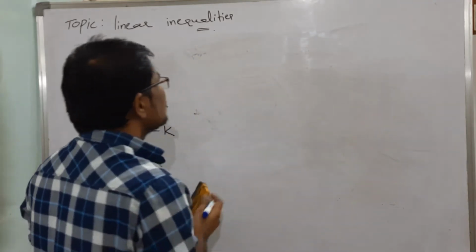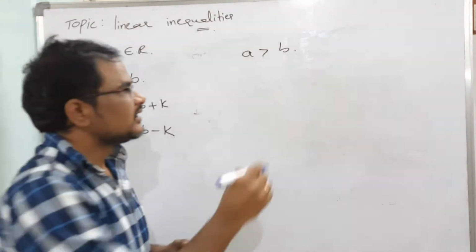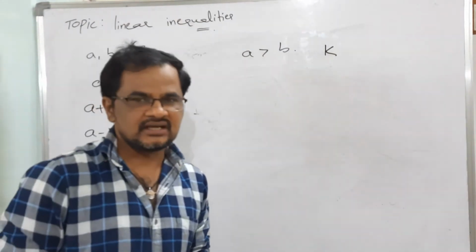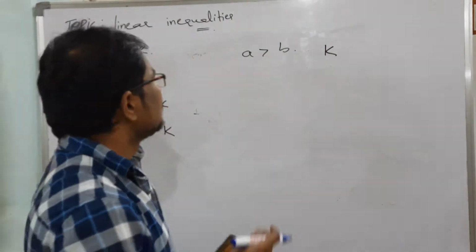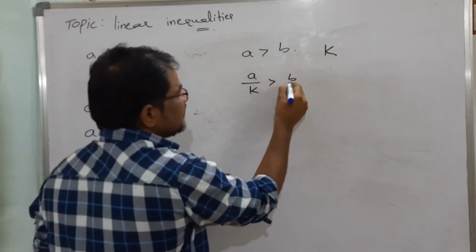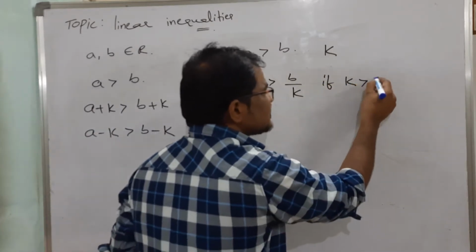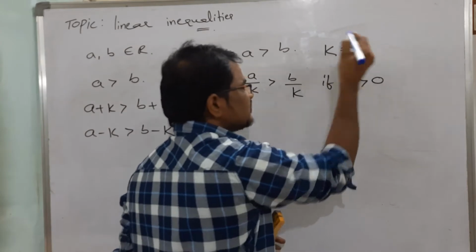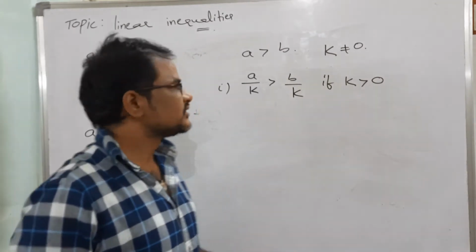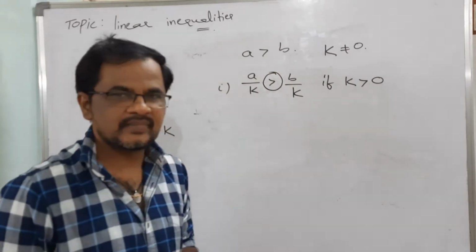But the important thing is multiplication. Suppose a > b, and k is any non-zero real number. Now, a/k > b/k in the first case if k > 0, meaning k is a positive real number, so it will not affect the inequality.